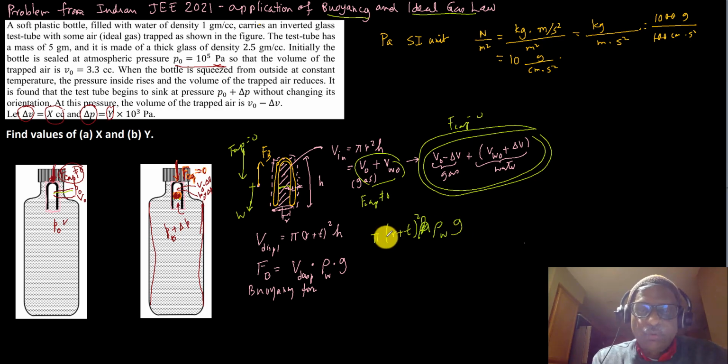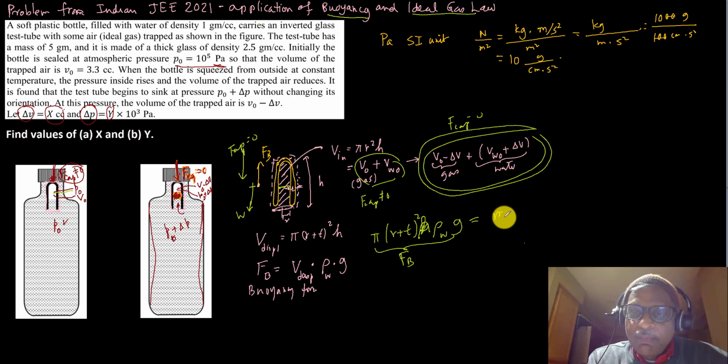That's going to be the buoyancy part. This must equal the mass of the glass part, which is given as 5 grams, so let's call it mg, plus the water. The water volume is VW0 times rho W, which is the mass of the water, times g, plus delta V rho W g.